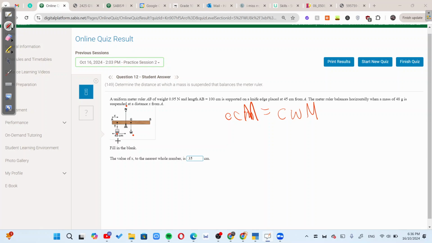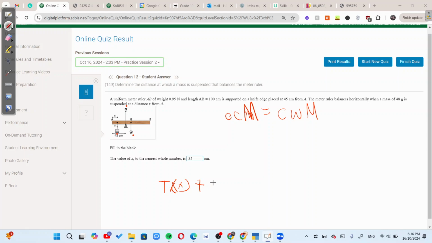So let's do it now. T, which is the force, times X, which is our distance, because we need the moments, which is force times distance, plus weight times 50.